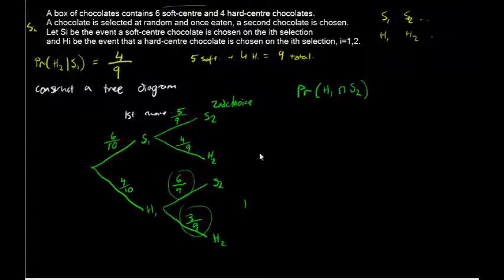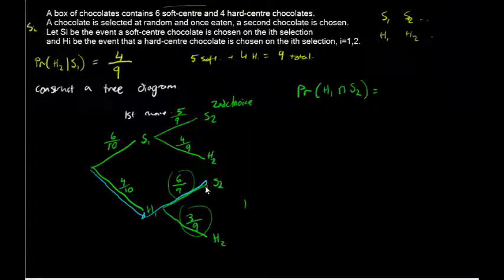So now we want to have a look at finding the probability that we choose a hard center on our first selection and then a soft center on our second selection. And there's only really one way we can do that, and we just follow the branches. So H1, I'll use a different color. So H1, we have to go this way, and then we want a soft center on the second selection.